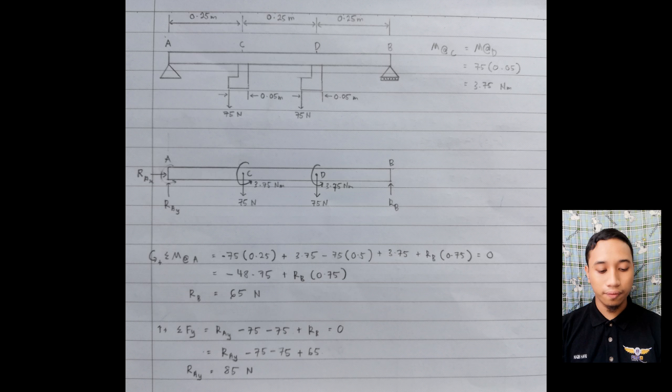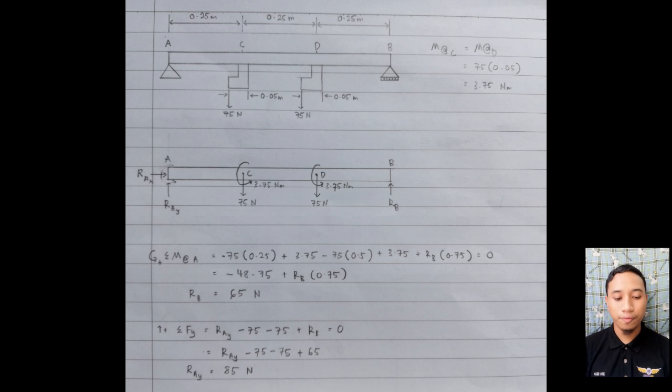Then we use the equation for the total vertical force on the beam, and substitute the value of RB, 65 Newton, into the equation, and then we get the reaction at point A, which is 85 Newton. And then we will have to cut the beam into 3 parts to find the shear force and the bending moment for each part.